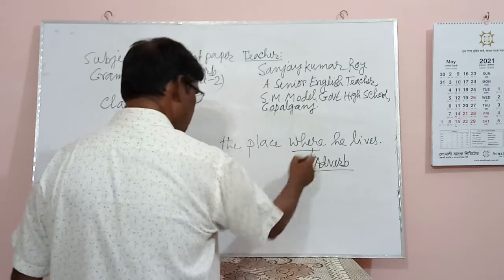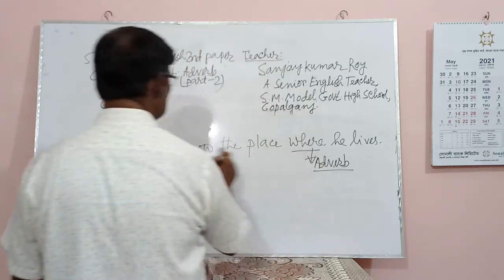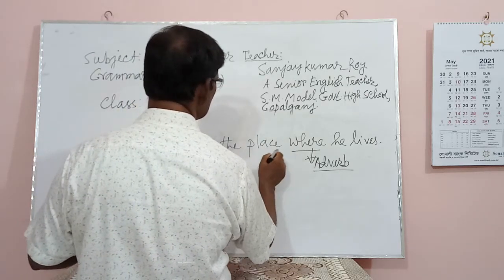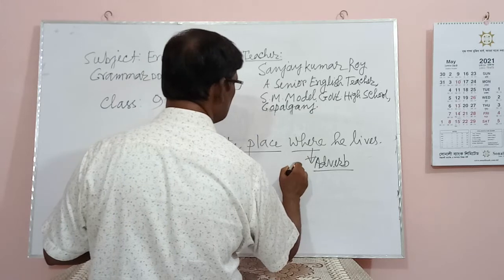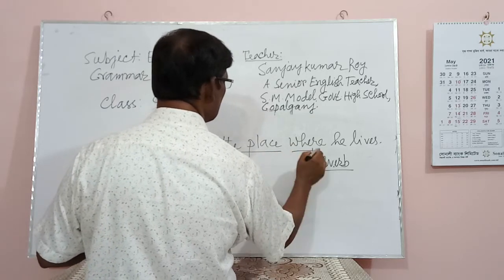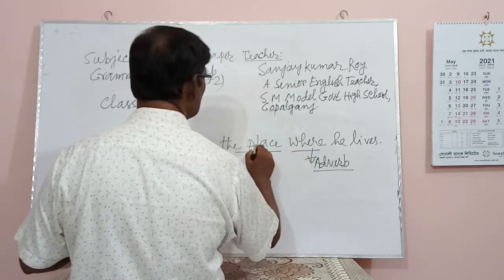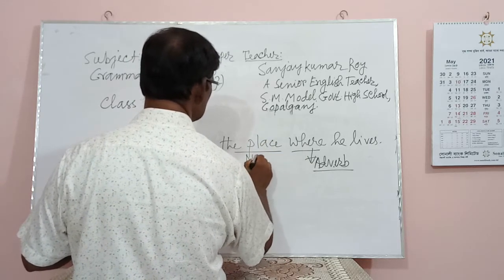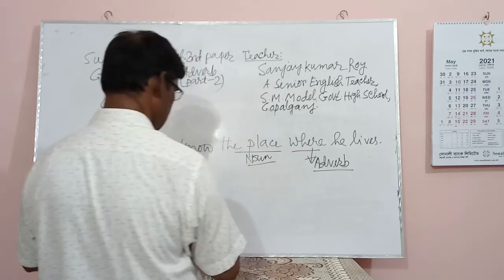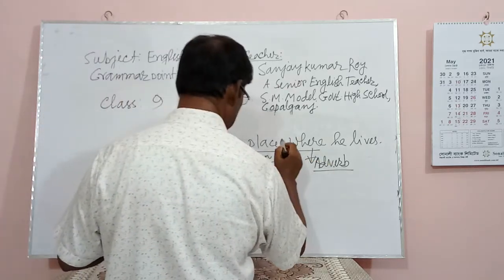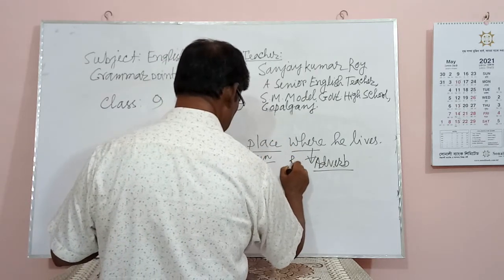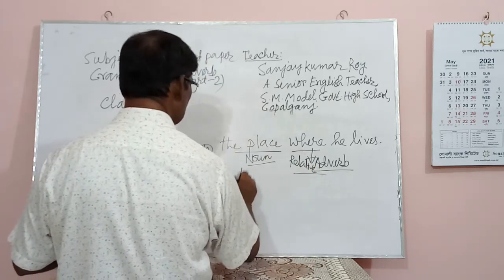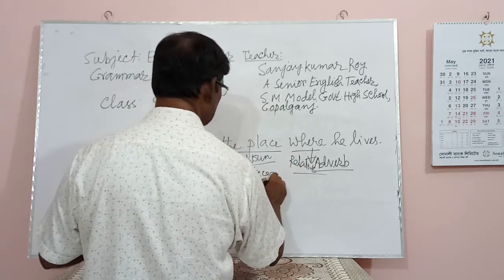Here, this adverb joins two sentences, two clauses, and here "the place" is a noun, and the adverb is placed after the noun "place". This is called relative adverb, and this is called antecedent.